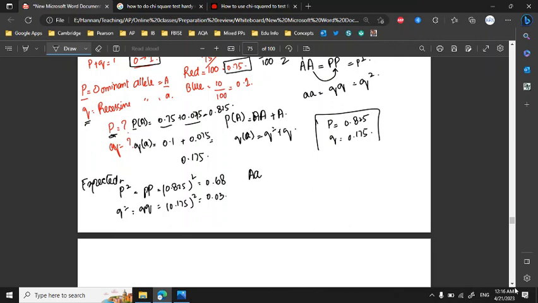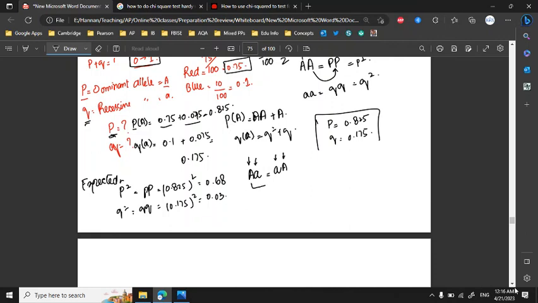Great. Now what about the capital A small a? Remember, the capital A small a means one allele came from the sperm and the other allele came from the egg. Or small a capital A means this allele came from sperm and this allele came from egg.